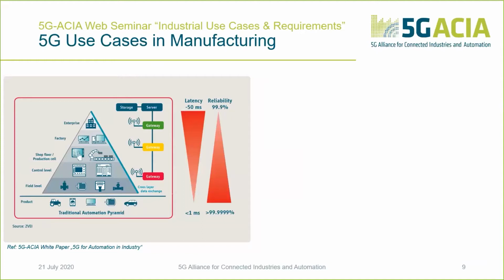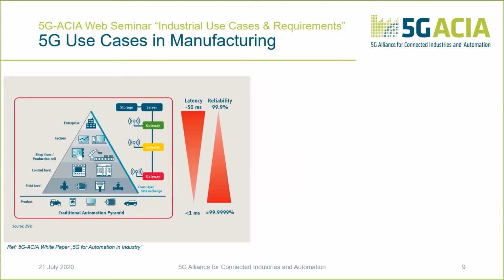And on the right-hand side, you see some sort of general rule, which is applicable in general, that the latency is more relaxed on the enterprise level and gets more demanding down to the field level, and similar for reliability. However, the exception proves the rule, and you can find counterexamples on each level.